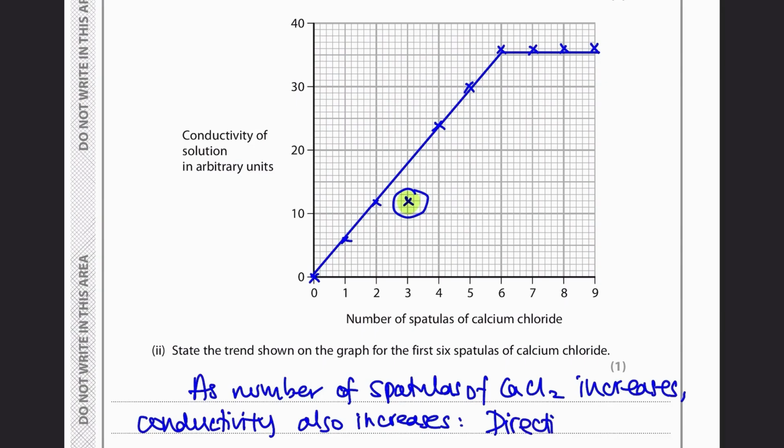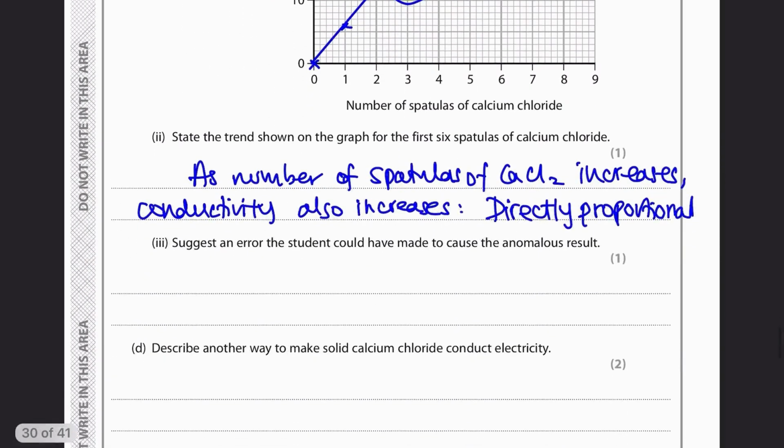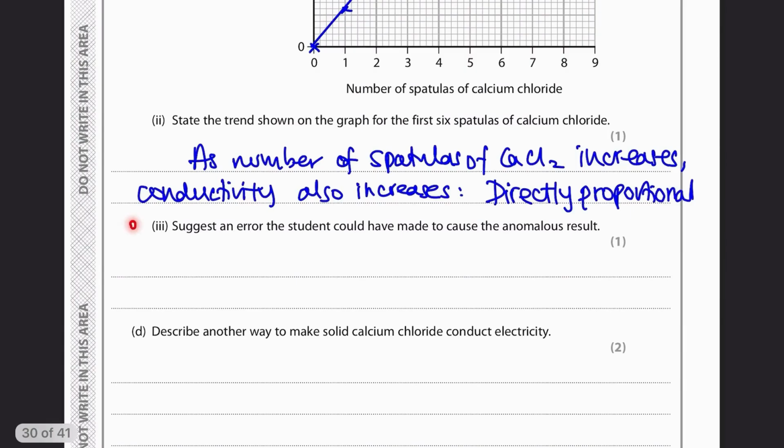Directly is because it's a straight line. Directly proportional relationship. Okay. Part 3, suggest an error the student could have made to cause the anomalous result.